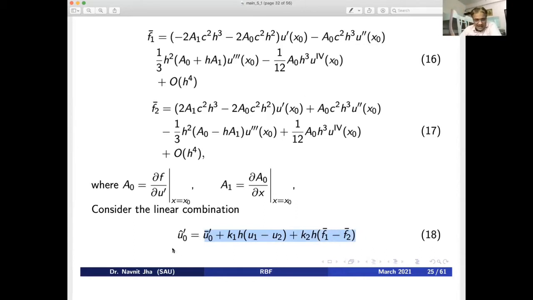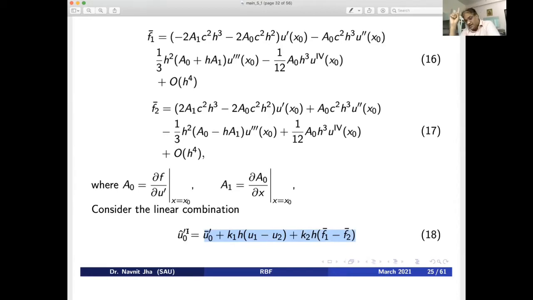This new, updated approximation of the first derivative, I have denoted by u cap prime. A single prime stands for derivative, and cap stands for the update at x naught, which means at xl.